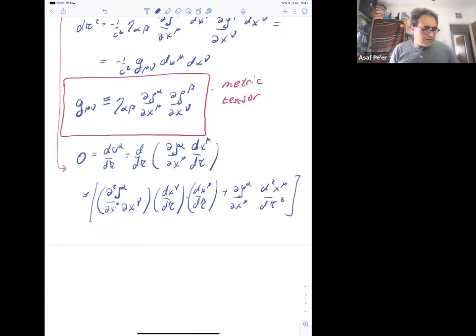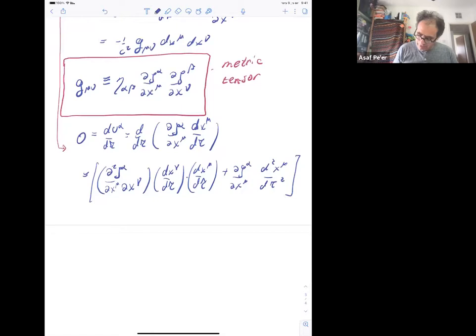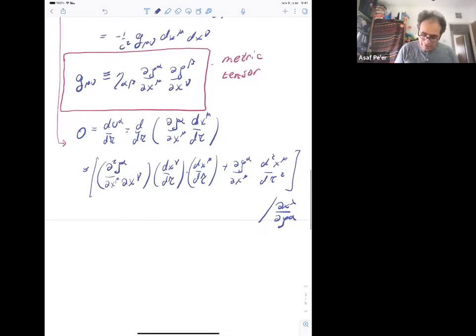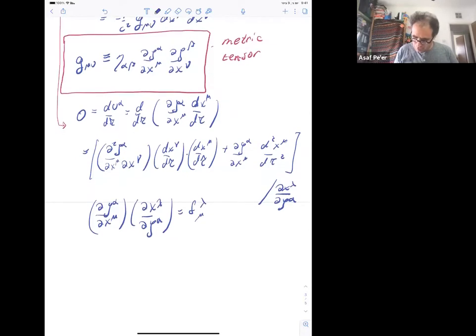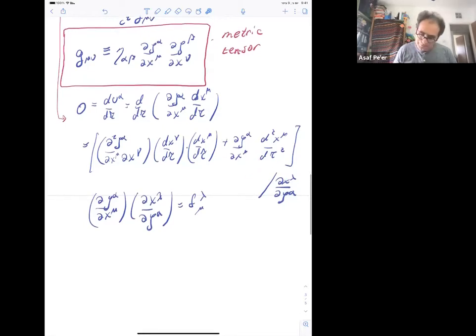And then to get things better, I multiply that by the inverse, so I multiply that by ∂x^λ/∂ξ^α, and using the chain rule, (∂ξ^α/∂x^μ)(∂x^λ/∂ξ^α) is just δ^λ_μ. So I multiply it here, and the second term just cancels with the delta.